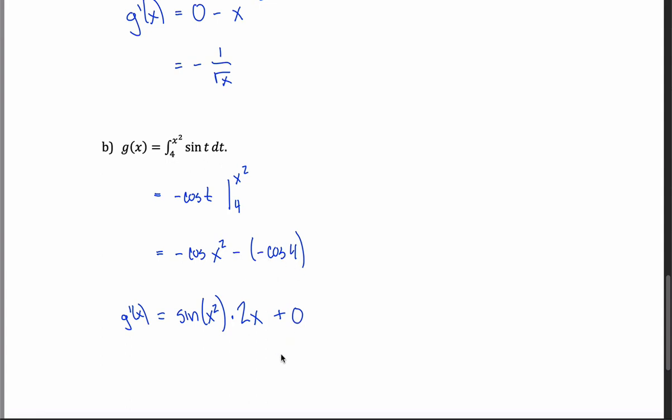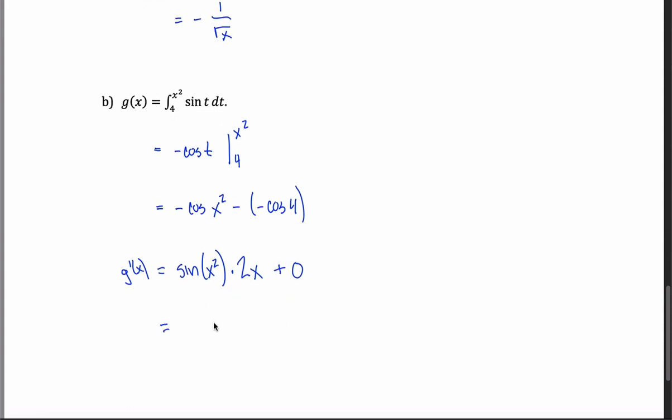That ends up with just being a 0. And I can clean this up a little bit and call it 2x sine of x squared. If you think that that's prettier, I kind of do, but you don't even have to. And so this is g prime of x. And you're like, oh, this is a lot like what I see here, except I'm changing all of the t's into x squareds, so sine of x squared, and then I'm multiplying by the derivative of this x squared, this 2x. And that's that quiz.